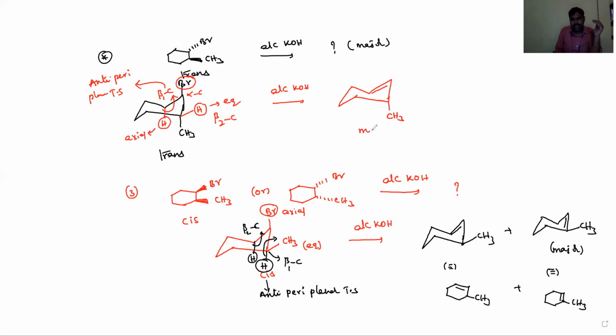Even though it is a less substituted alkene, it is the major product, which means the Saytzeff rule is violated. Okay, dear students, and the other product is here. This equatorial hydrogen we cannot remove, because the anti-periplanar transition state does not exist. So this, with CH3, is the minor product.